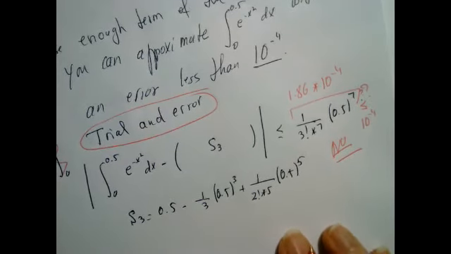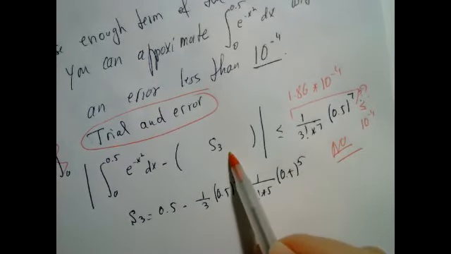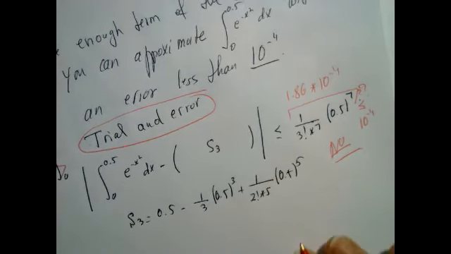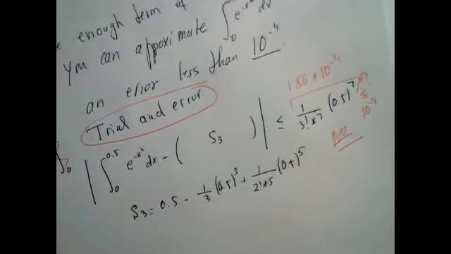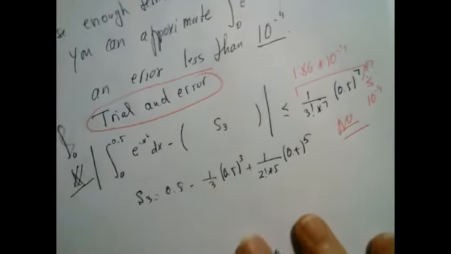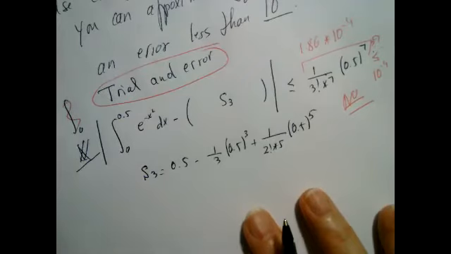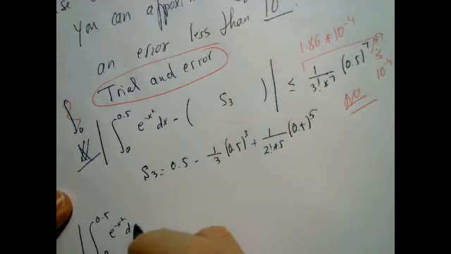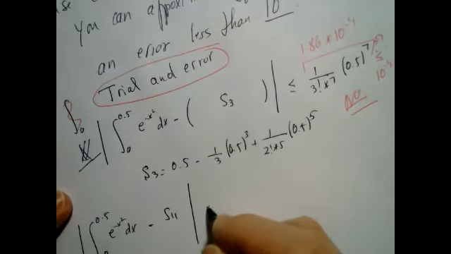So what do I do in this case? I add S4 and ask myself, would my new error be less than 10 to the minus 4? So trial and error, so this is a fail. And usually you're not going to need a lot of terms, otherwise it becomes absurd. So finally, now I'm going to take this integral minus S4, the sum of the first four terms.